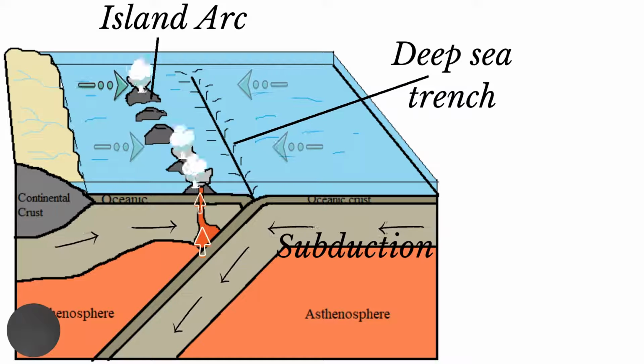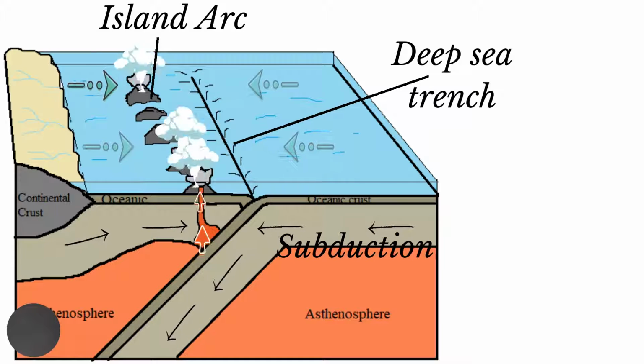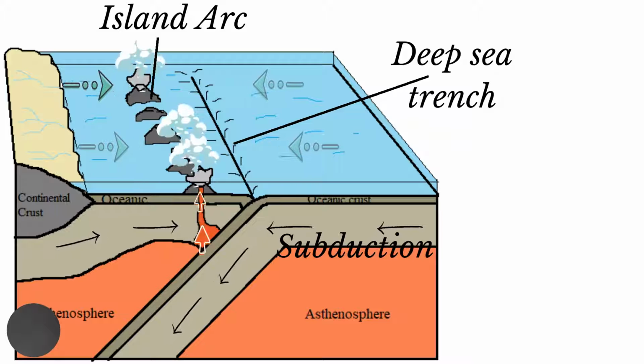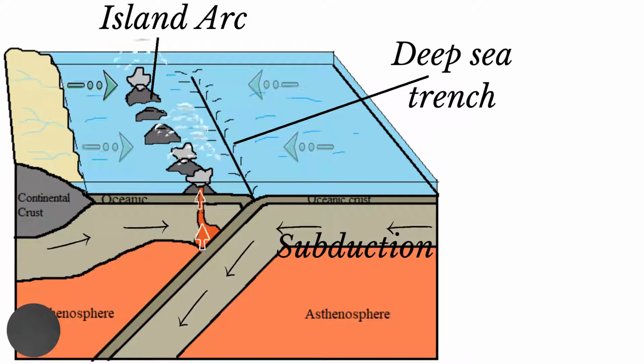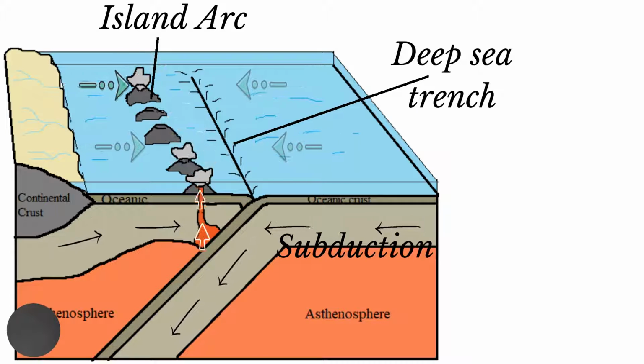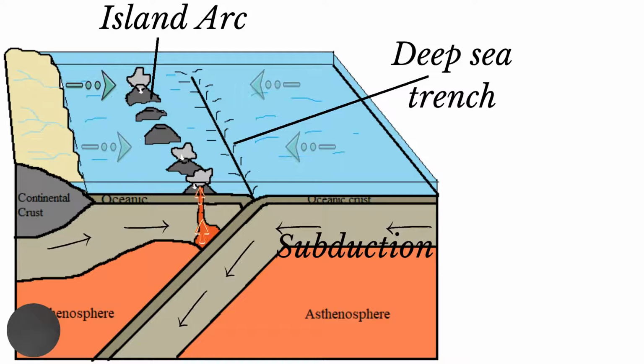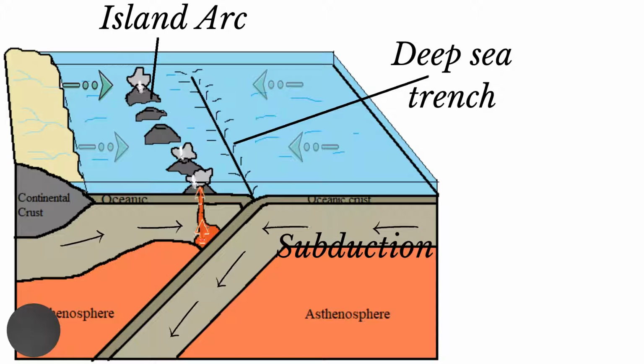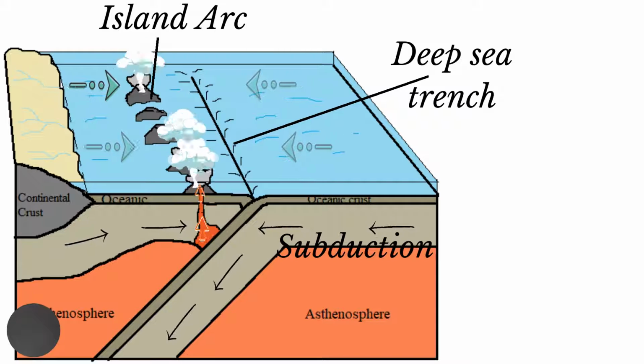The heavier of the two will sink. The heavier one is usually the older plate. As the plates get older, they usually get colder and therefore will become denser.